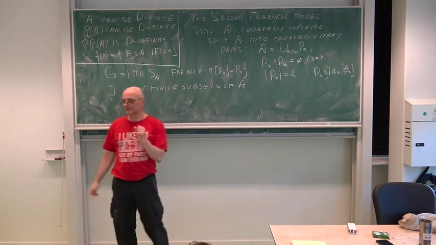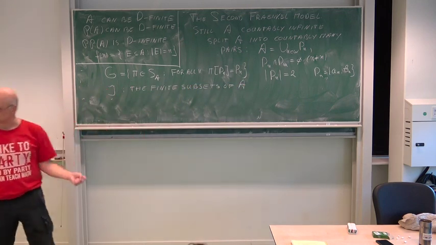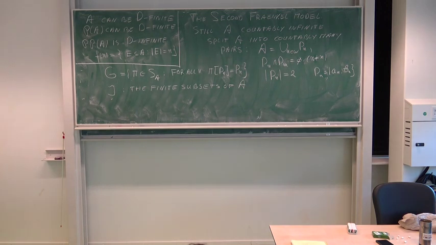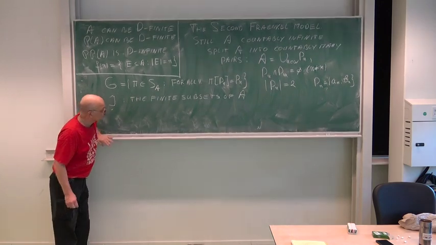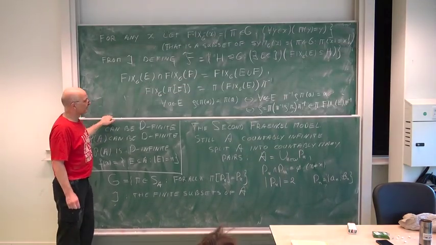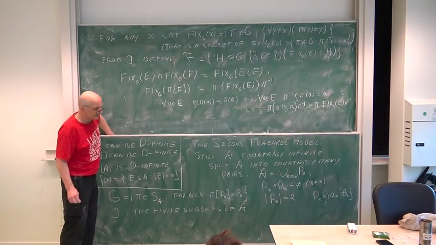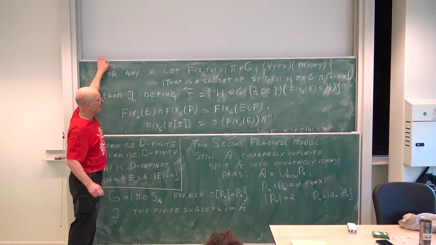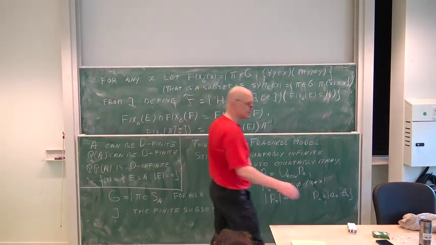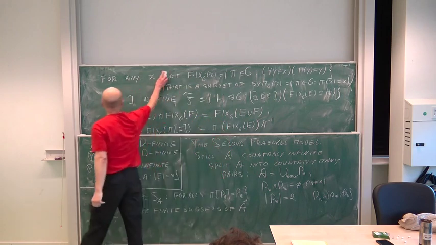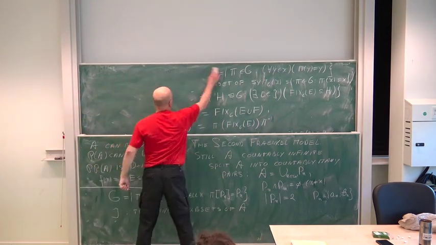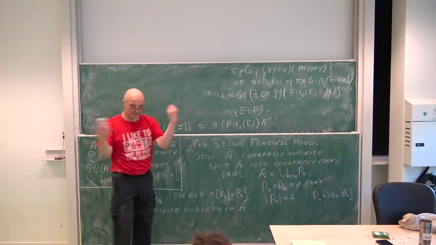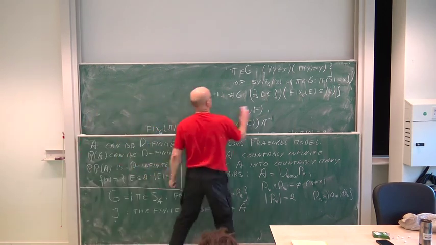The ideal is just what we would think it is, the finite subsets of A. So, I want to write this down explicitly. In the language of supports.